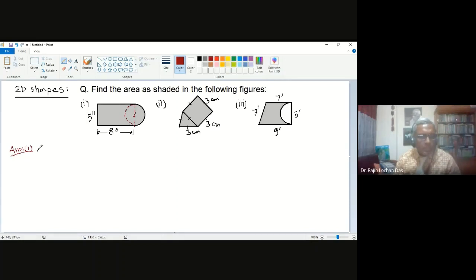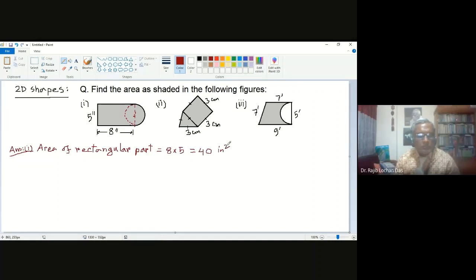Area of rectangle part. I am writing the rectangle part. So what will be the area? It will be length into breadth, so 8 into 5, and the answer is 40 inch square.